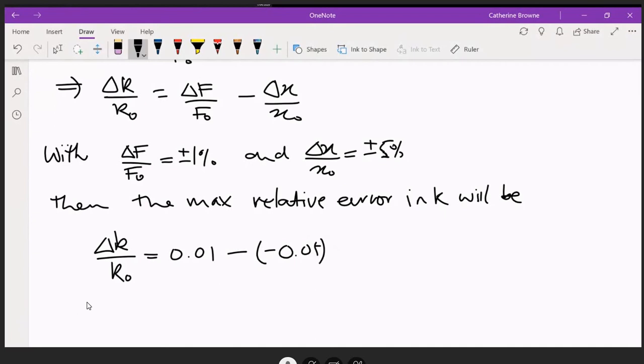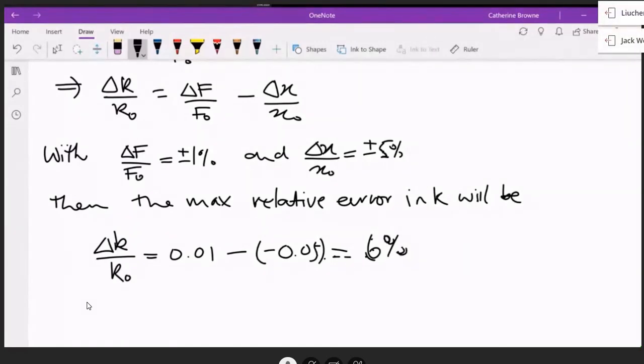I've taken plus 1% and minus 5% for the length measurement, because that's going to give me the maximum error. If I did 0.01 minus 0.05, I'm going to get 4%, but I can actually get an error of 6%. So plus or minus 6% would be the maximum relative error in k.